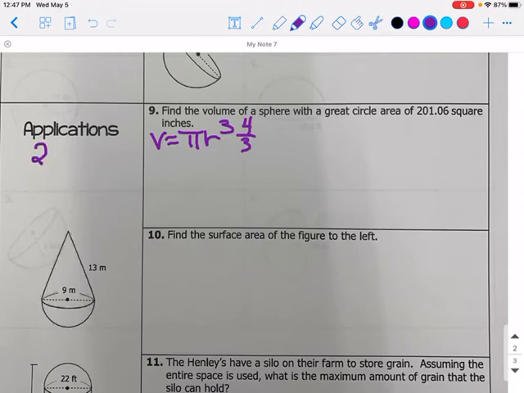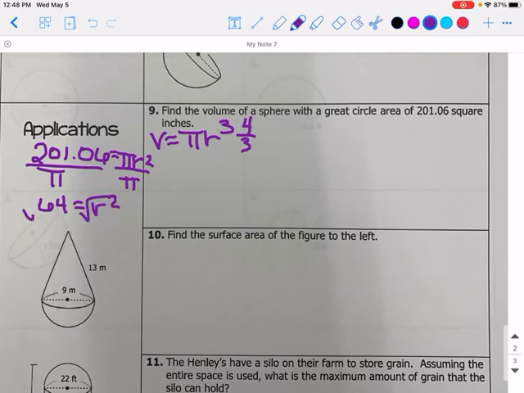So 201 equals pi r squared, which means we have to divide out pi. And you should get 64 equals r squared, which means your radius is 8. Okay? Now that you have your radius, you can go straight into your volume formula.